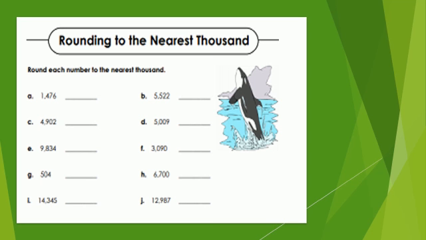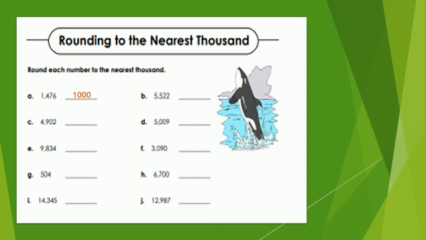That means the number line used is 1000 to 2000. And what is the midpoint? 1500. Here 476 is less than 500. So it becomes 1000.